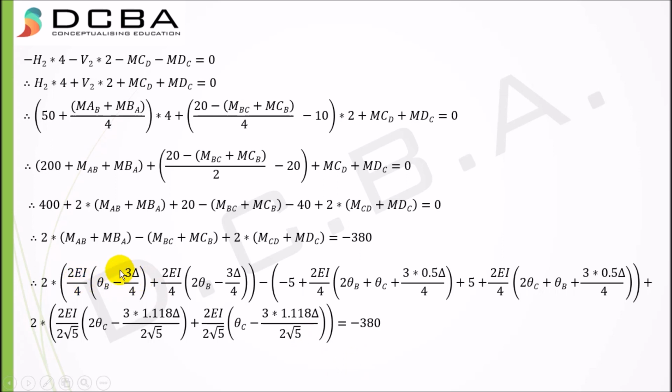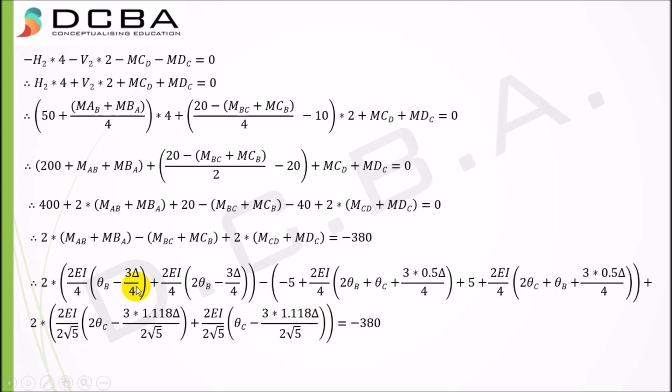This is basically MAB plus MBA twice of it, minus MBC plus MCB, plus twice of MCD and MDC equal to minus 380.